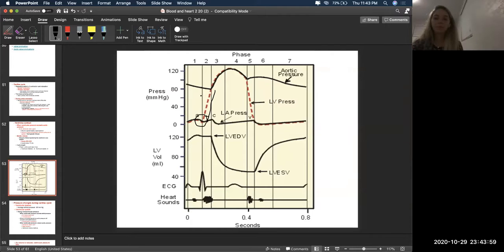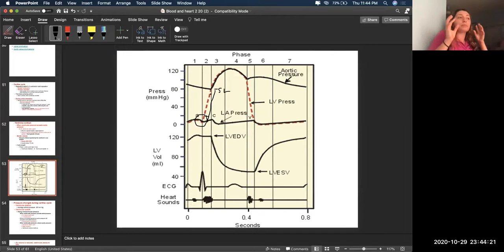Once it reaches up here, the semilunar valve, SL, opens because the aortic pressure is lower than the ventricle pressure. And as it's shooting off into the system, the pressure in which it's shooting off is called the afterload.